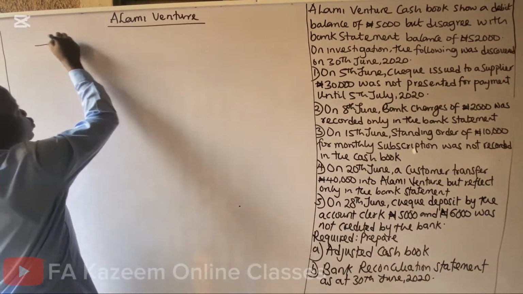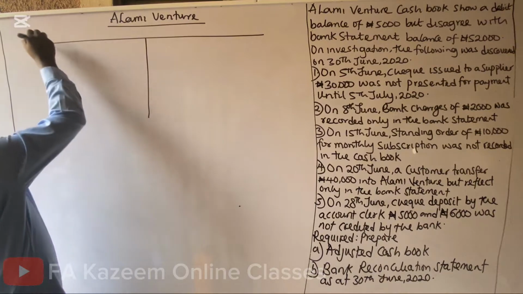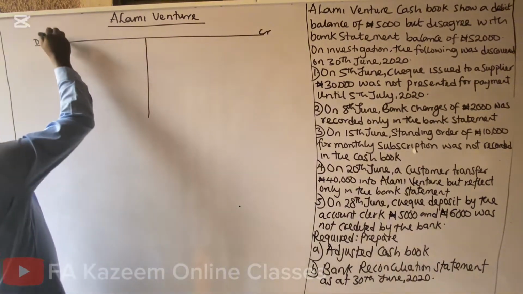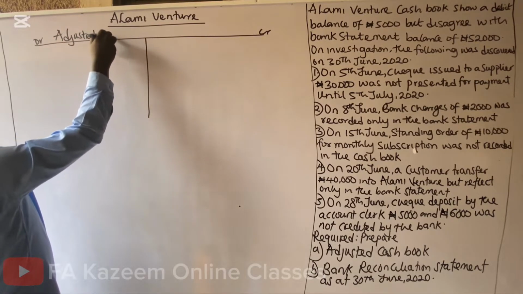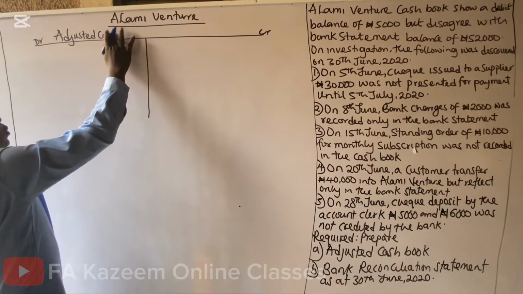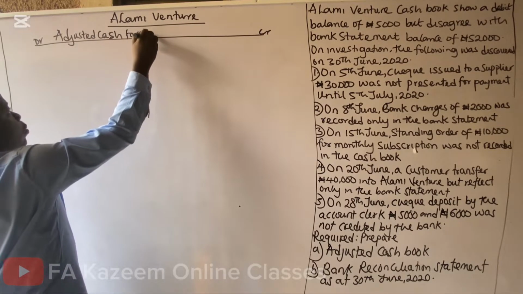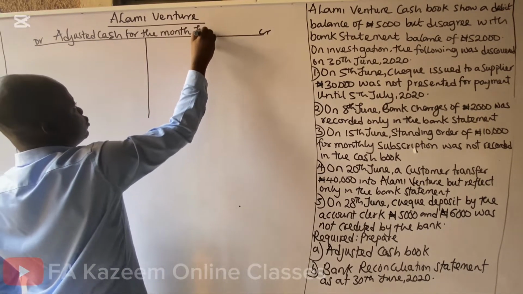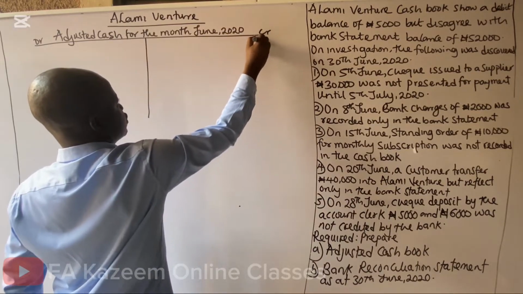And what are we going to do? We'll open our adjusted cash book, debit, credit. This is the adjusted cash book for the month of June 2020.